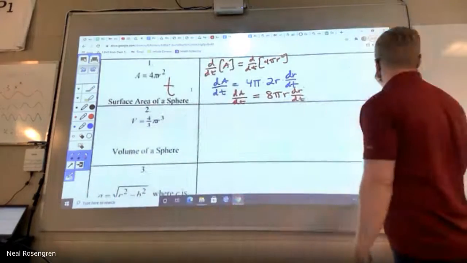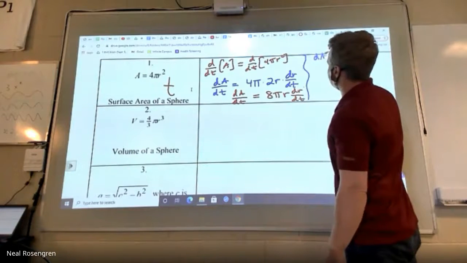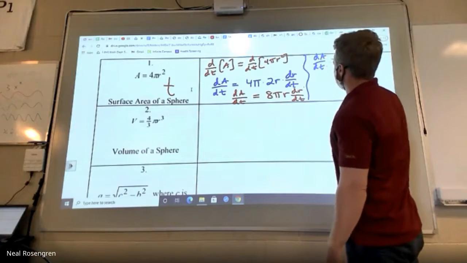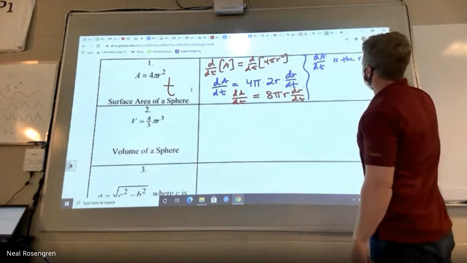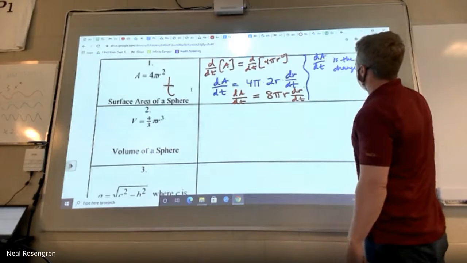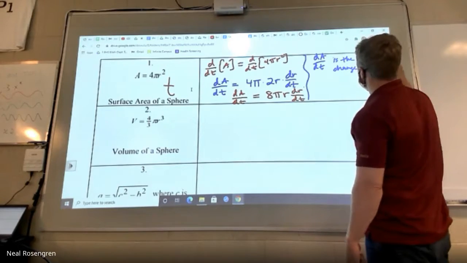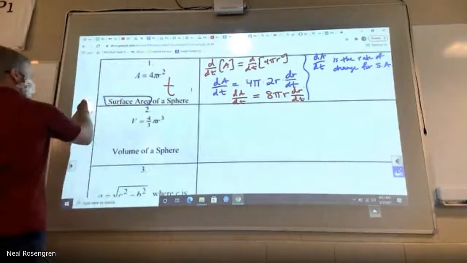Okay, so let's come over here for a second and write those down so we have something to look back at. dA dt is the rate of change for surface area. I'm just putting SA.